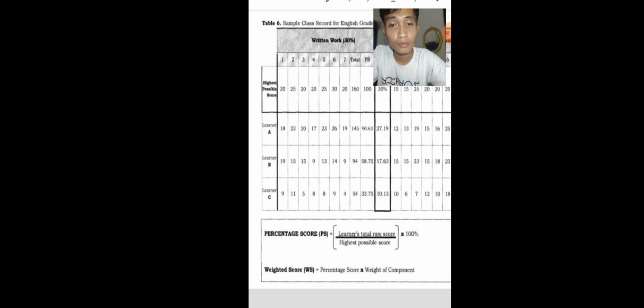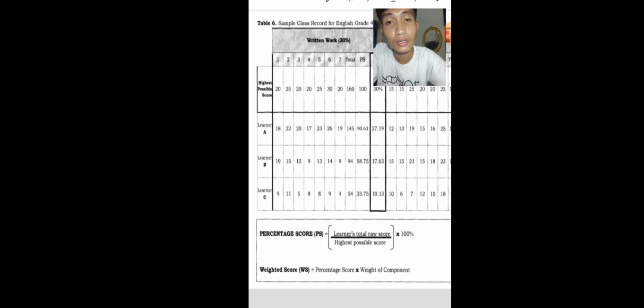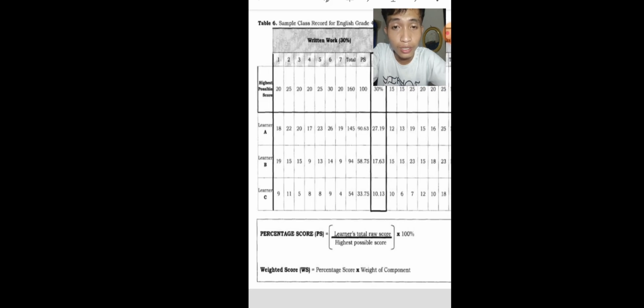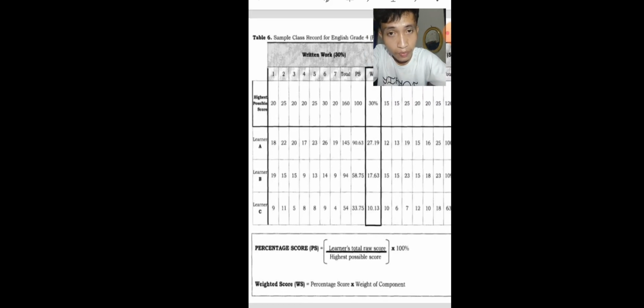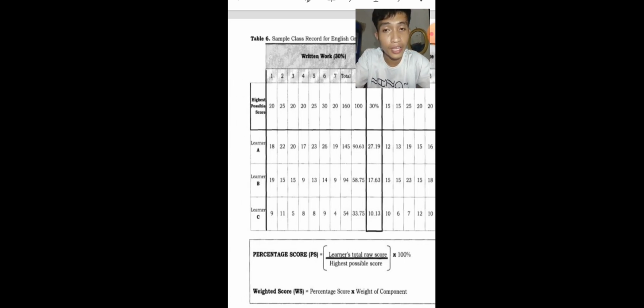Then we had 0.3375. We multiply it by the percentage score 100, so we got 33.75.